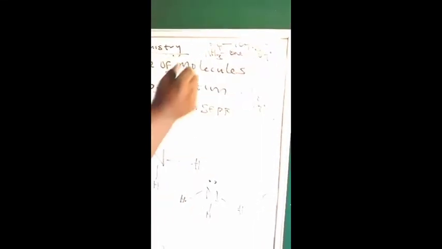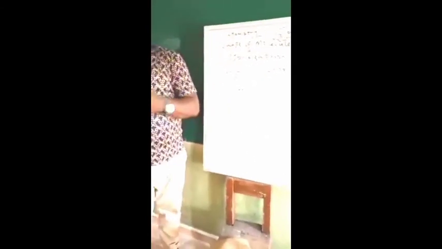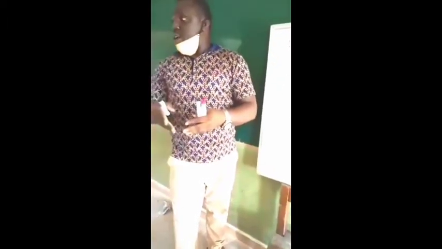But look at water now. Water is having 2 lone pair, but the bond angle is 105. Can you see the statement? This example has been able to validate the statement I made, that the more the lone pair, the lesser the bond angle.